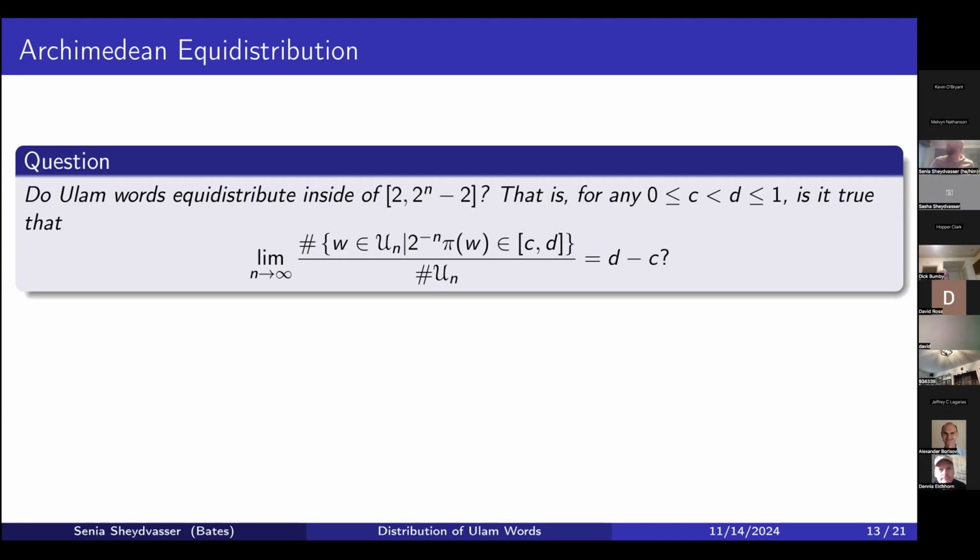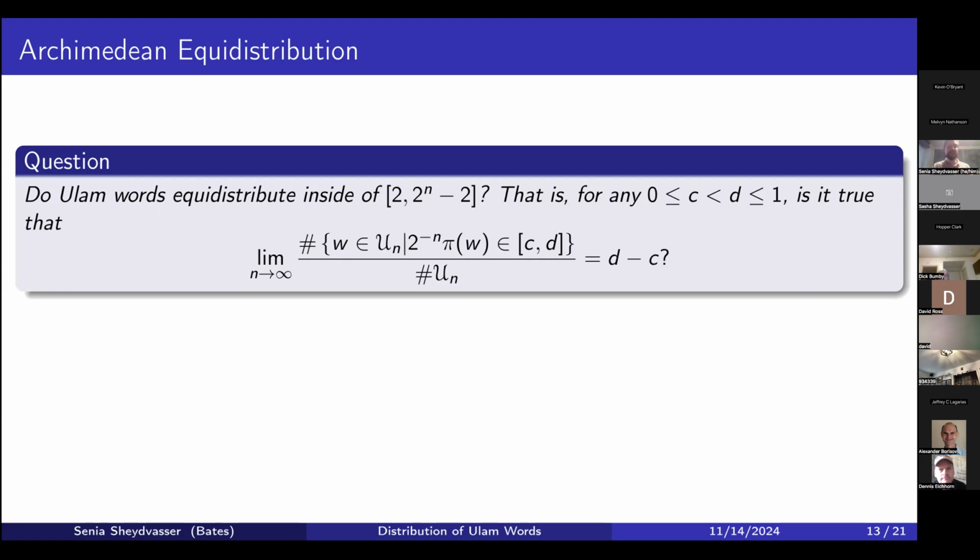Well, what about with respect to the Archimedean distribution? Do these Ulam words equidistribute inside of this real interval between 2 and 2 to the n minus 2? You have to think about what's the right way to phrase this. I claim the right way is to rescale everything, divide everything by 2 to the n.